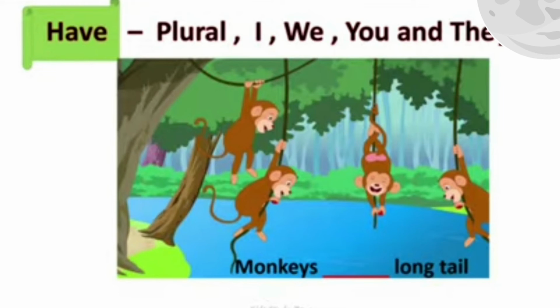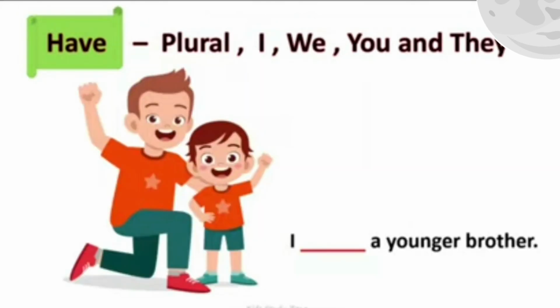We can use have after I, we, you, they, and after any other plural noun. Monkeys dash long tail. Now children, look at the word monkeys. It is a plural noun, so we need to use have. Next, I dash a younger brother.